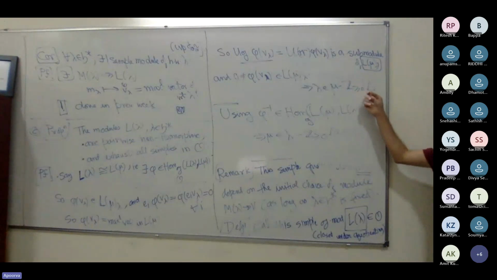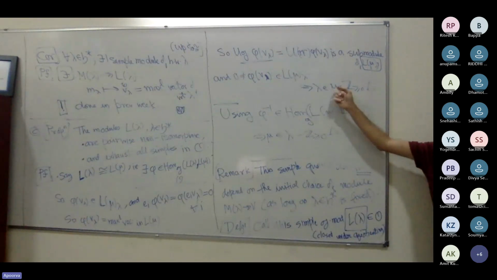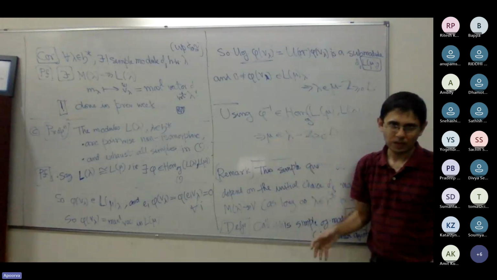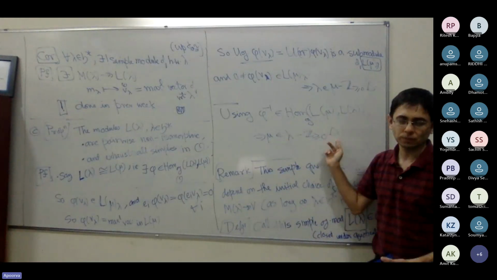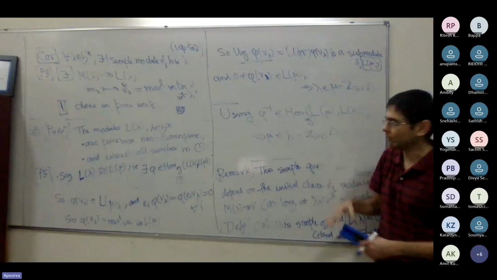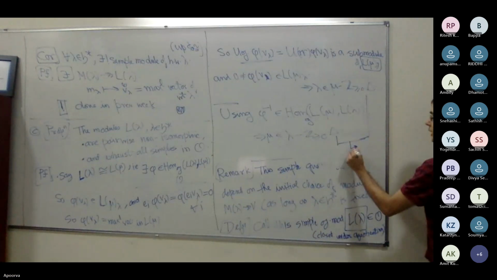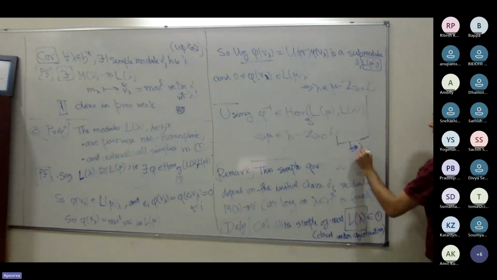But now you're subtracting some number of positive roots to get from mu to lambda and subtracting further some positive roots to get back to mu. Because the simple roots are linearly independent, these two facts together imply that.